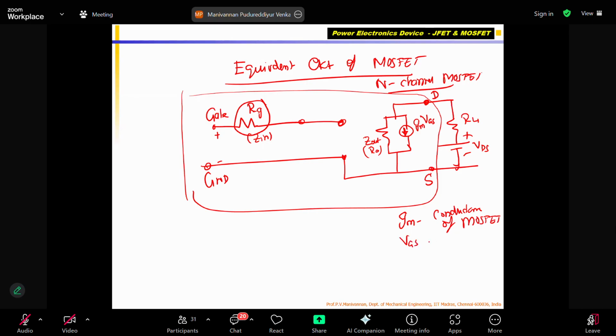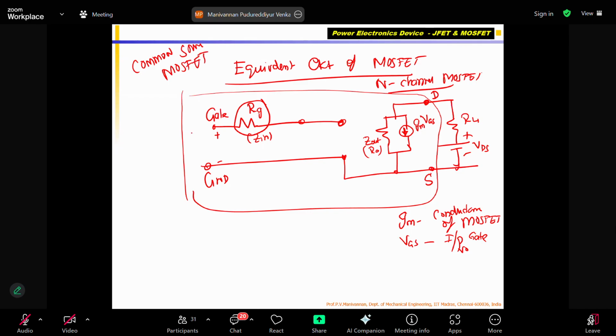VGS is the input gate voltage, because we are applying it with reference to the source. This is called common source MOSFET.